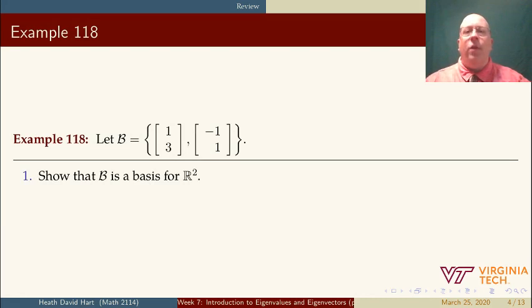Another topic that we looked at before break was the idea of alternate bases for vector spaces. Let's look at these two vectors and show that they form a basis for R2.